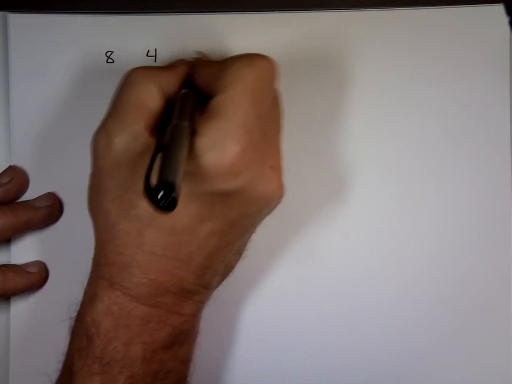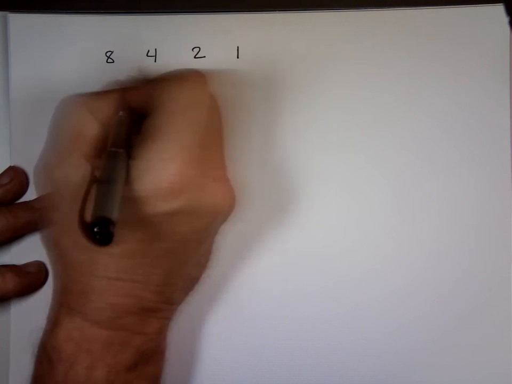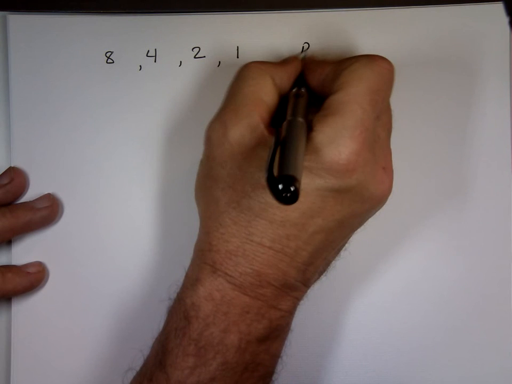So that's what a geometric sequence actually is. The next one is always the previous one times r. r could be more than 1, could be less than 1. If it's something like 8, 4, 2, 1, you notice r is what here? 1/2.